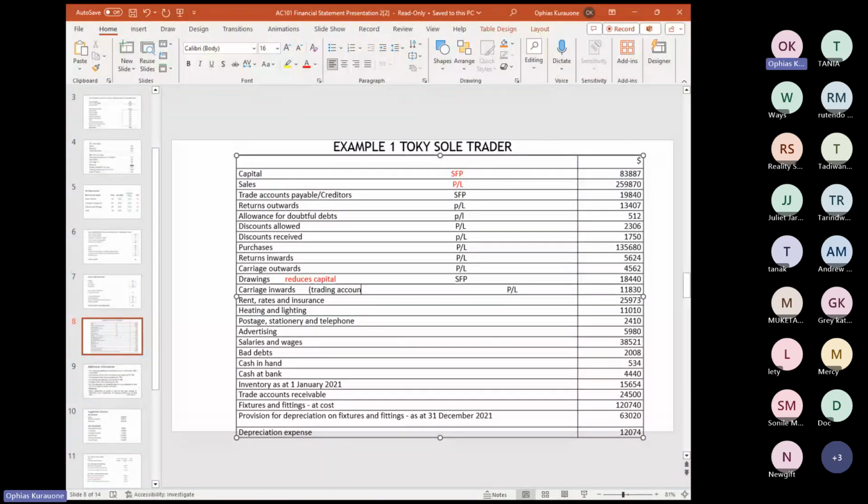People have a problem here: they classify carriage inwards under operating expenses. These are not operating expenses.